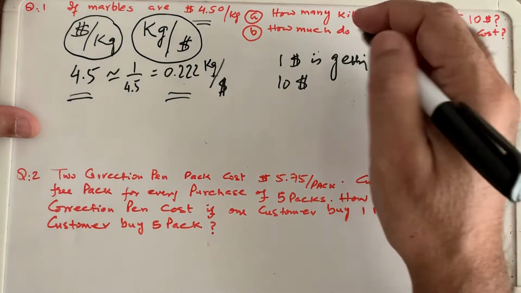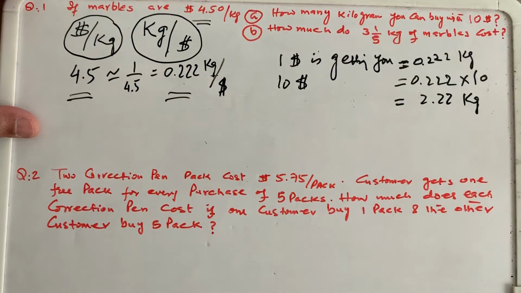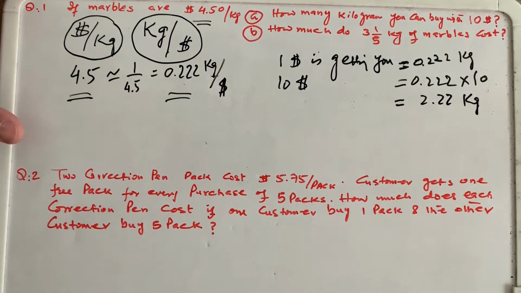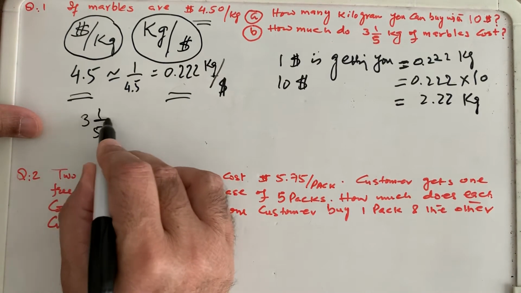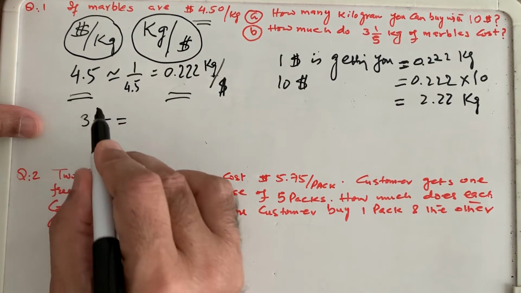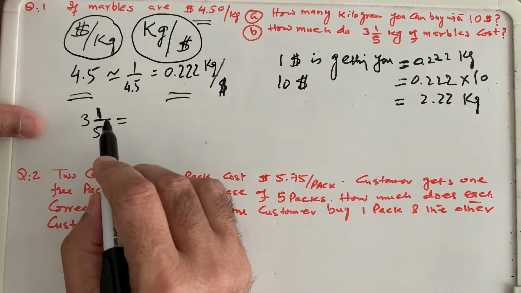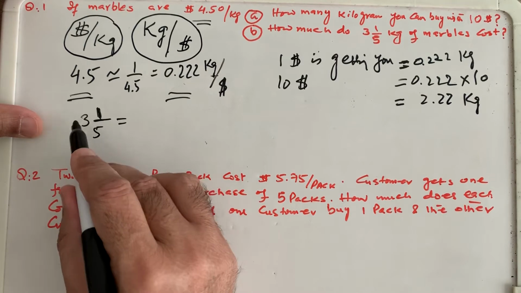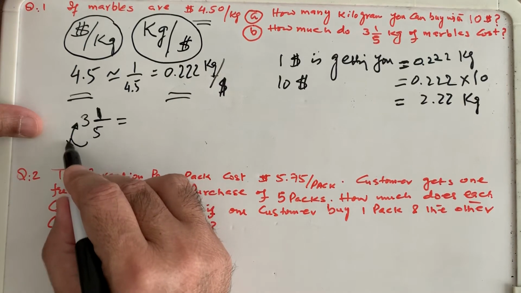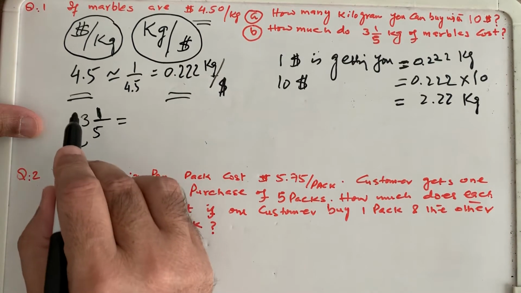Now the other part is how much do you pay for 3 and 1 by 5 kilogram. First you have to make it a proper fraction. What is the way? You multiply the denominator with the whole number. 5 times 3 is 15.